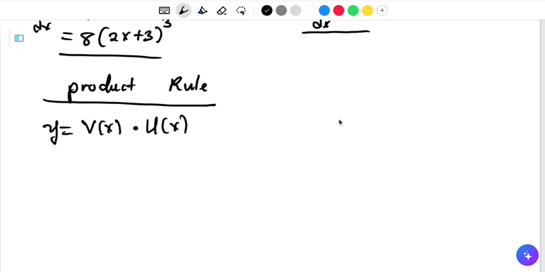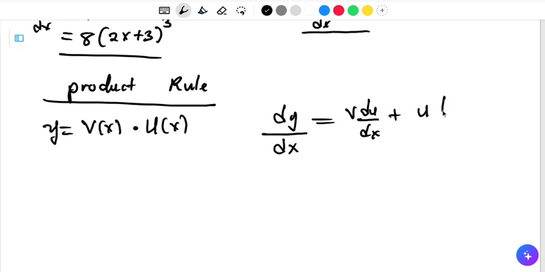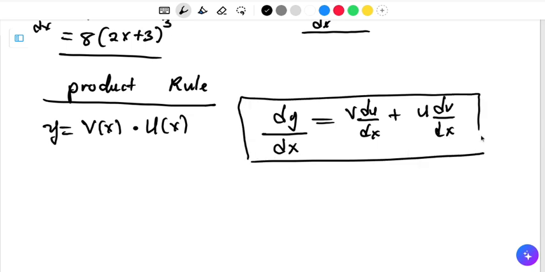Which formula are you supposed to use? You need to use this formula: dy/dx is going to be equal to v du/dx plus u dv/dx. So this is the formula that you're supposed to use. Very simple to use.